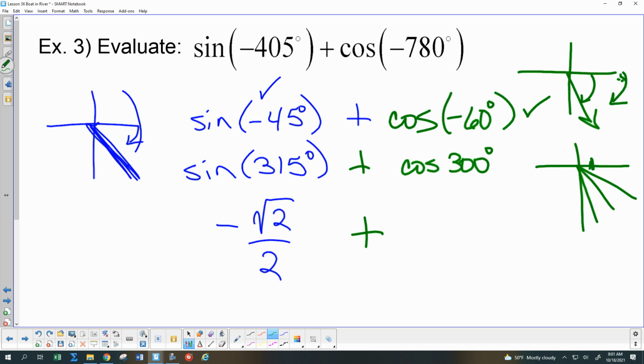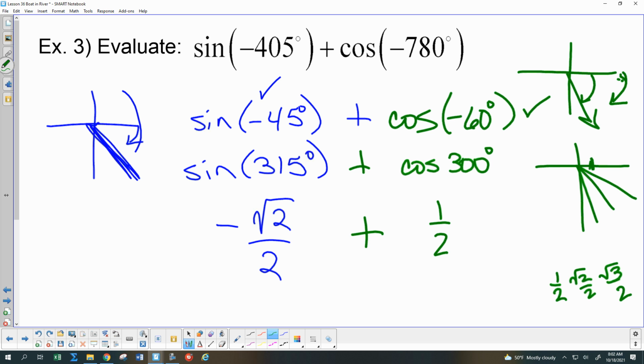If not, draw a 30, 60, 90 triangle real fast to figure it out. What are the choices? The choices are a half, root 2 over 2, and root 3 over 2. Okay? It is indeed positive a half.